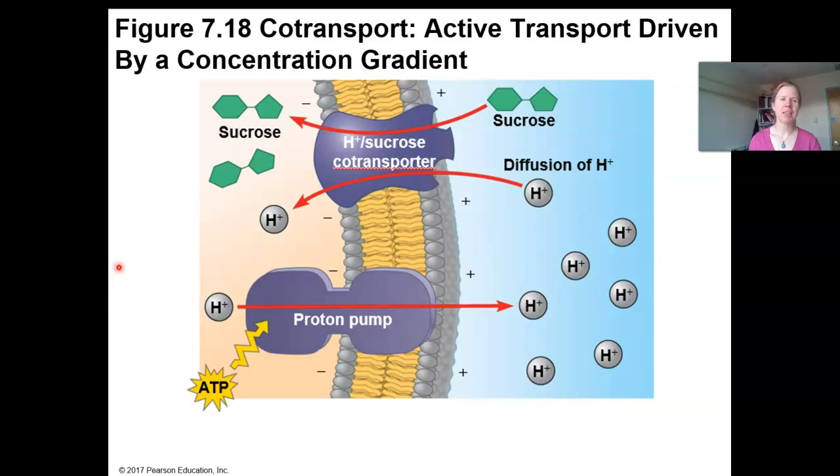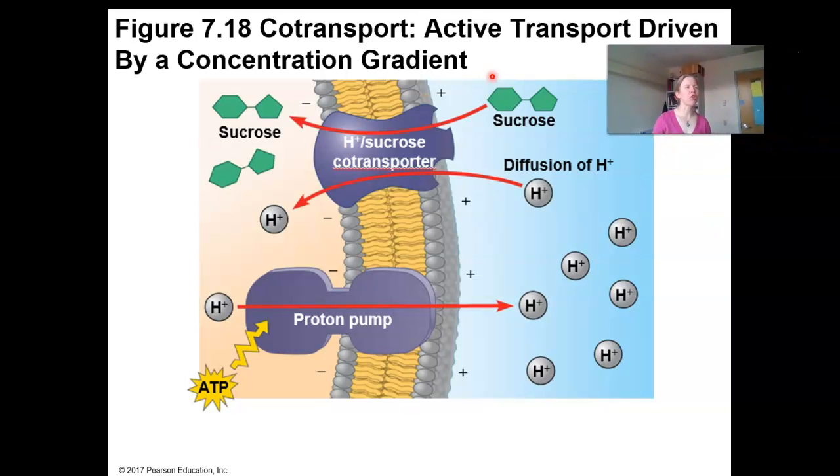This can set up some neat opportunities, right? There's a lot more going on than I'm able to talk about in this chapter. What this is trying to show is what's called cotransport. Notice in this particular protein, we're looking at the diffusion of hydrogen down its concentration gradient.